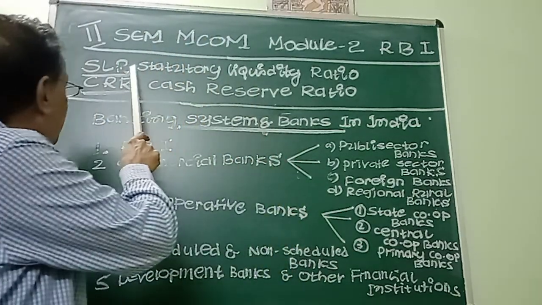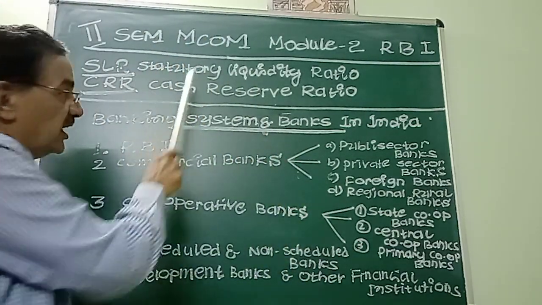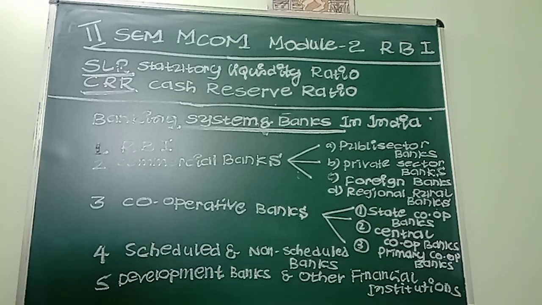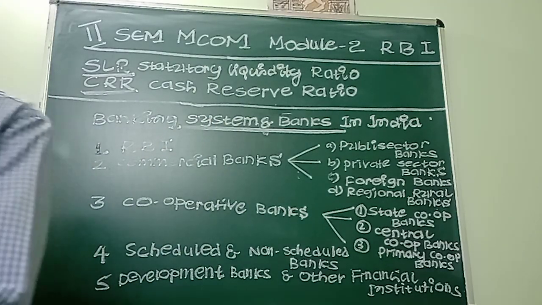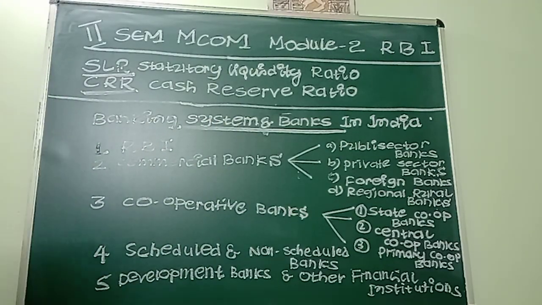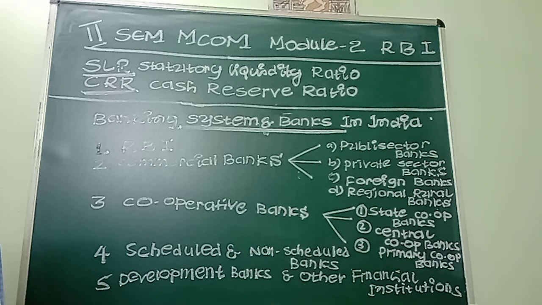Now, let's understand what is this SLR, Statutory Liquidity Ratio. What do you mean by that? Let us try to understand the first concept. Banks are required to invest a certain percentage of their time and demand deposits in assets specified by RBI, including gold and government bonds and securities.